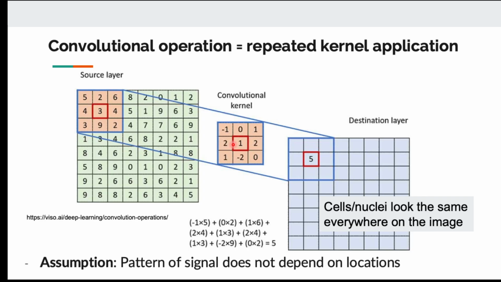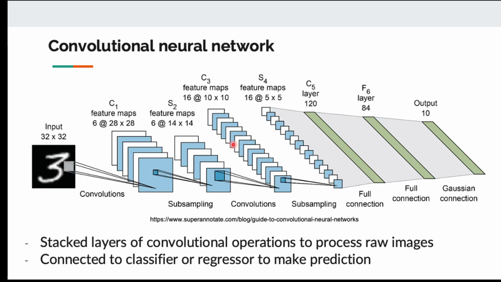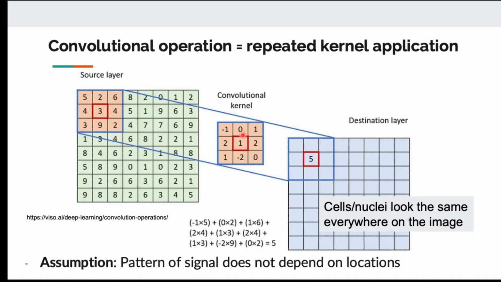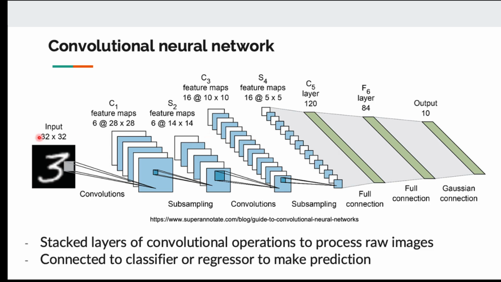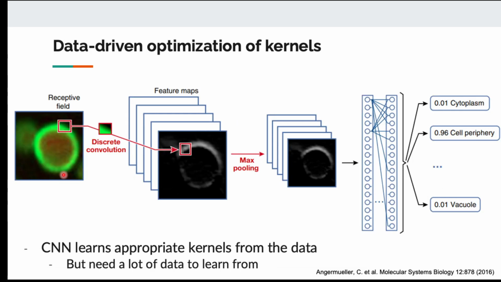So we will learn more about this in the data-driven lecture, but basically we're going to ask the computer to perform the convolution operation, but to come up with these numbers themselves. We're not going to tell them what the numbers in the kernel should be. We're going to ask the computer: if we give you a lot of images of cells, can you learn it from the data?